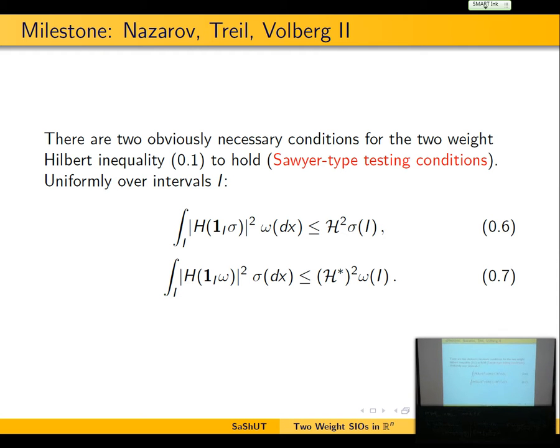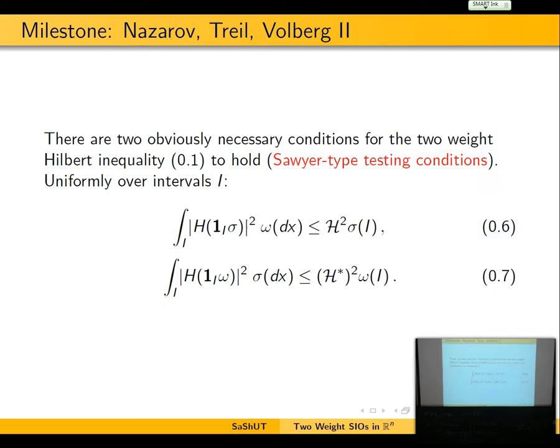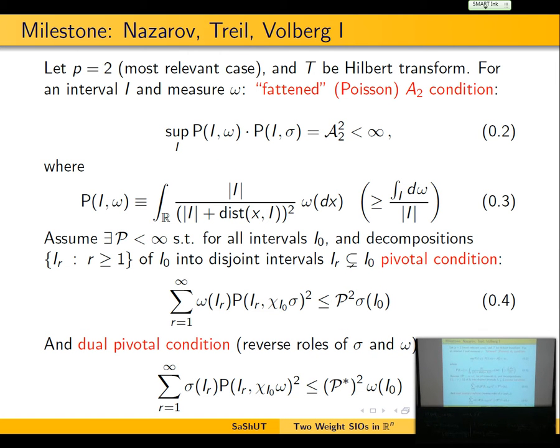And then their theorem, and also a statement of their conjecture, is that assume you have pairs of weights which have no common point masses. This is a mild technical assumption. And assume you satisfy the pivotal condition and the dual pivotal, which were these two conditions. Don't worry if you don't recall them, because they are soon going to be removed.